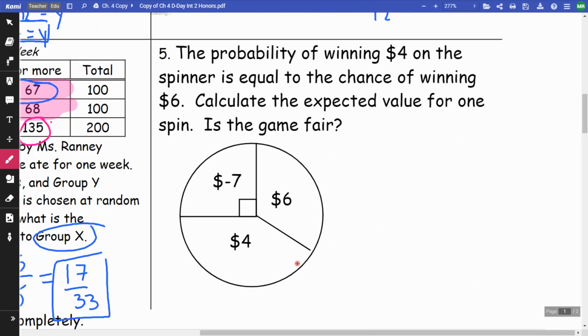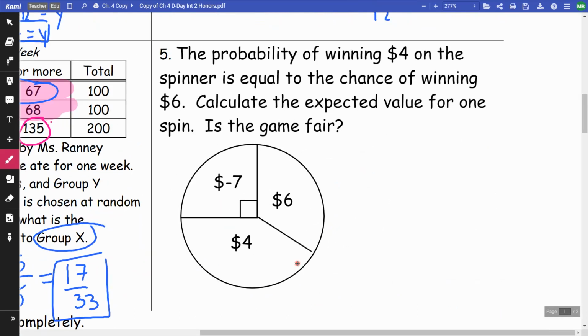If the probability of winning $4 on a spinner is equal to the chance of winning $6, these ones we know are the same. We know that this is basically 90 out of 360 or 1/4. So the others together are going to be 270 out of 360.